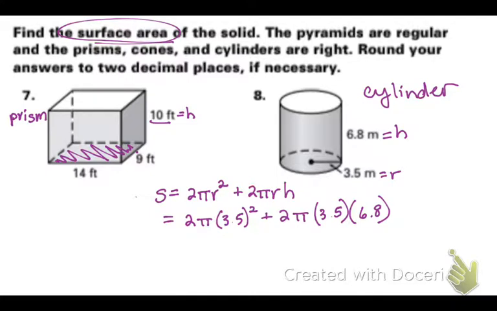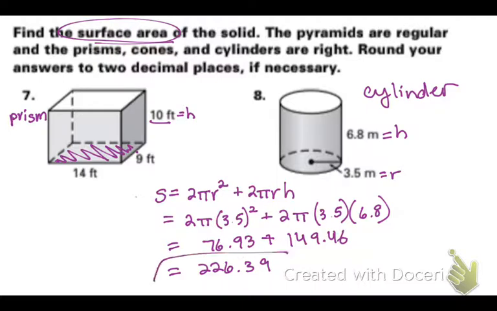So, long story short, this is going to be equal to 76.93 plus 149.46, and it's all going to be equal to 226.39. And we're good, and that's your answer. Okay, those are really simple applications of the surface area formula.